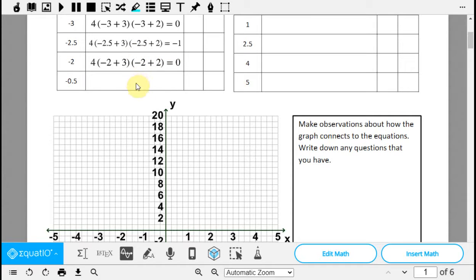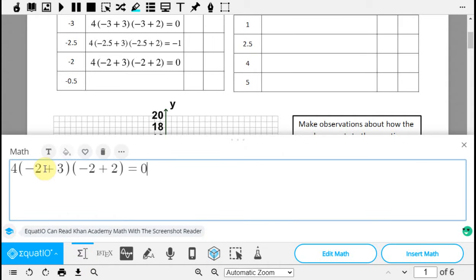And the last value is negative 0.5. Negative 0.5 in this bracket and negative 0.5 in this bracket.